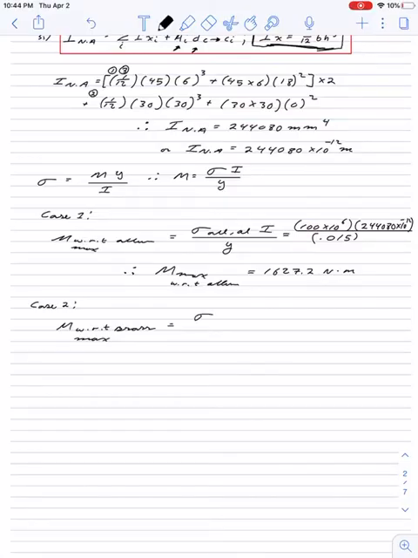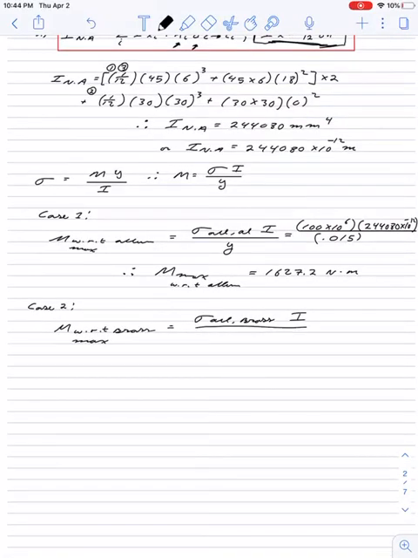So we're going to need the allowable stress from brass multiplied by moment of inertia divided by the moment arm.